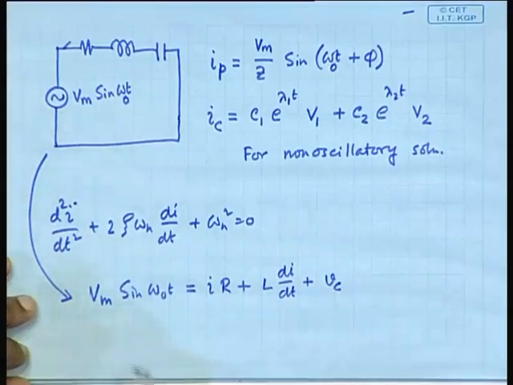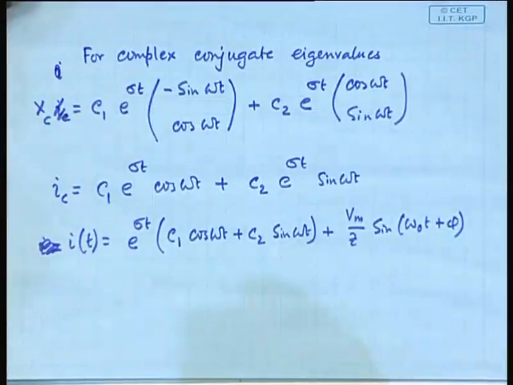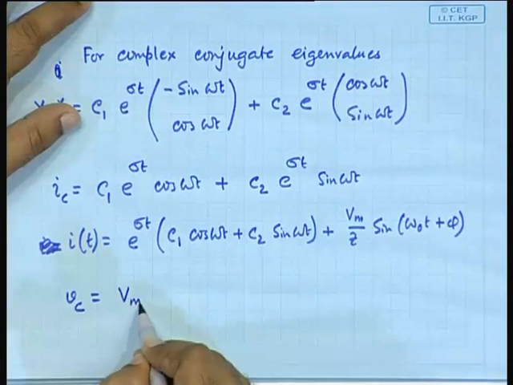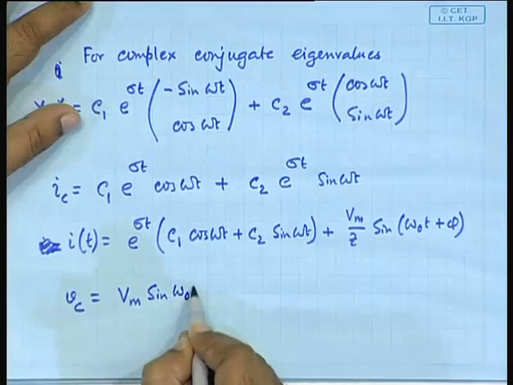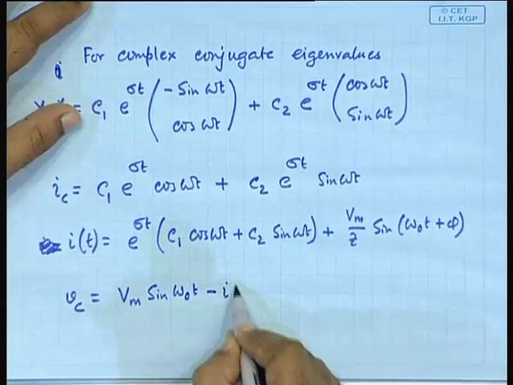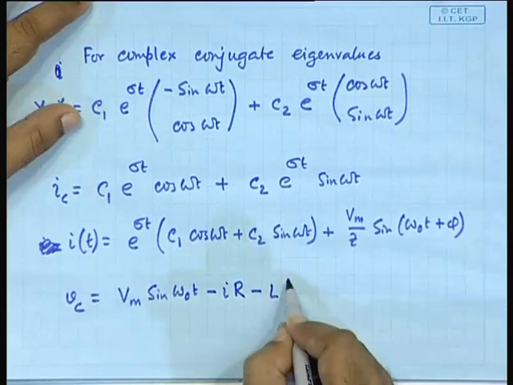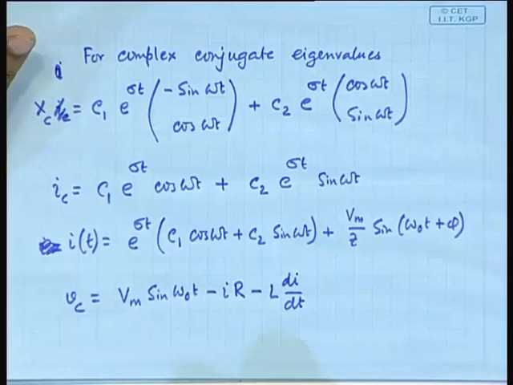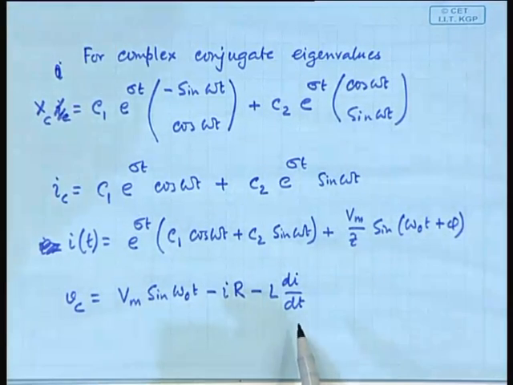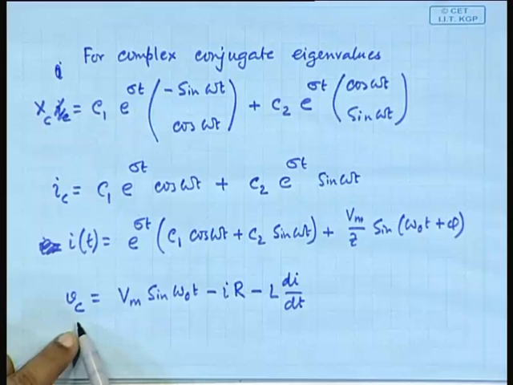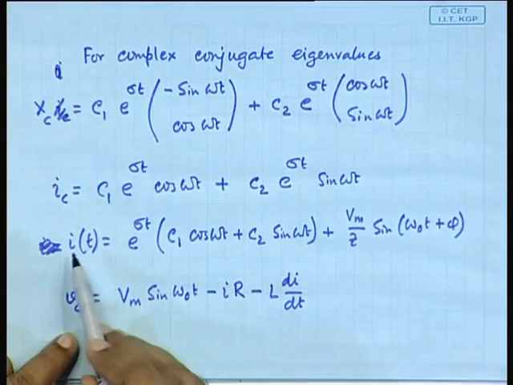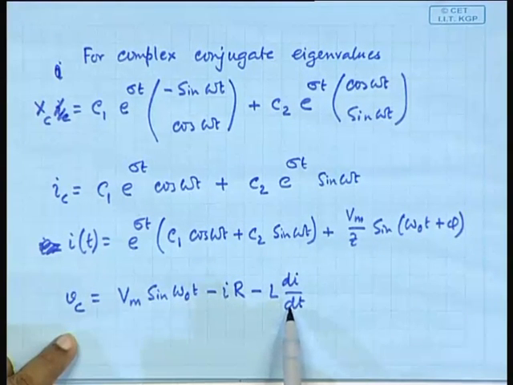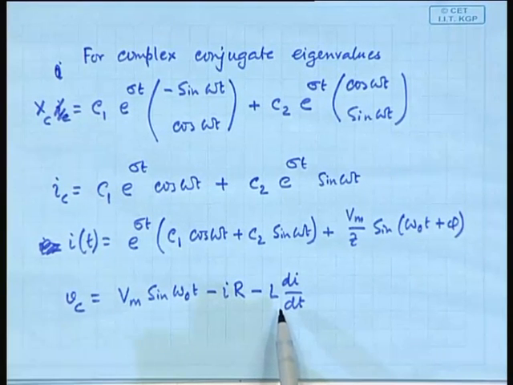So, V c equation is actually V c was V m sin omega naught t minus I r minus L d I dt. So, in order to obtain the total solution for the V c, all you need to do is to substitute this I here, and the derivative of this I here, fine.